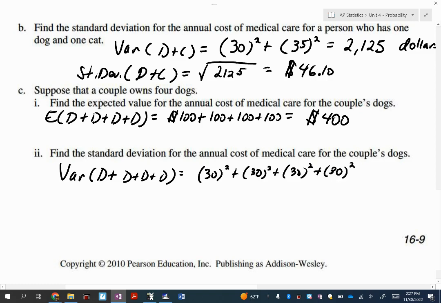Just 4 of them. So that's 900 plus 900 plus 900 plus 900 for 3,600. There we go. And again, this is square dollars.